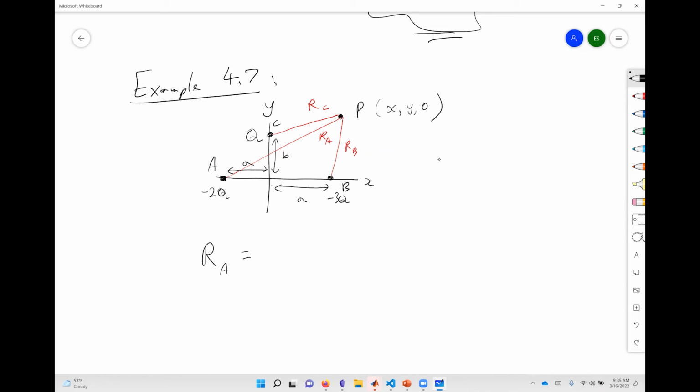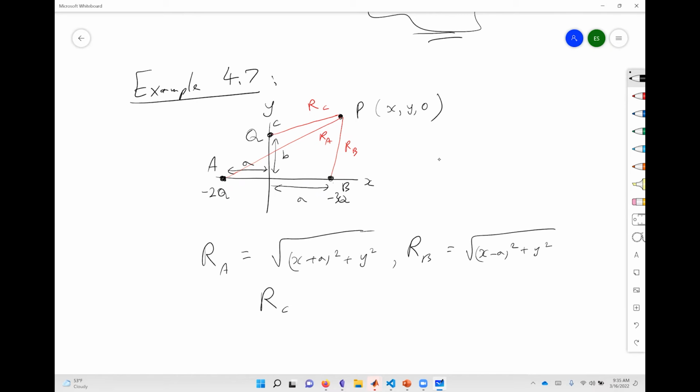So RA is going to be X plus A squared plus Y squared, under a square root. RB is going to be X minus A squared plus Y squared.